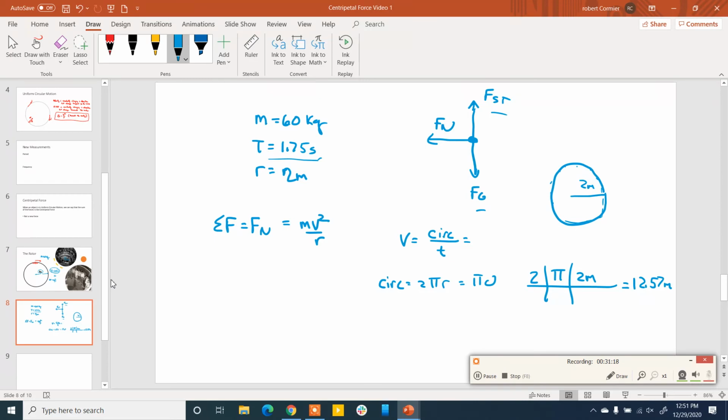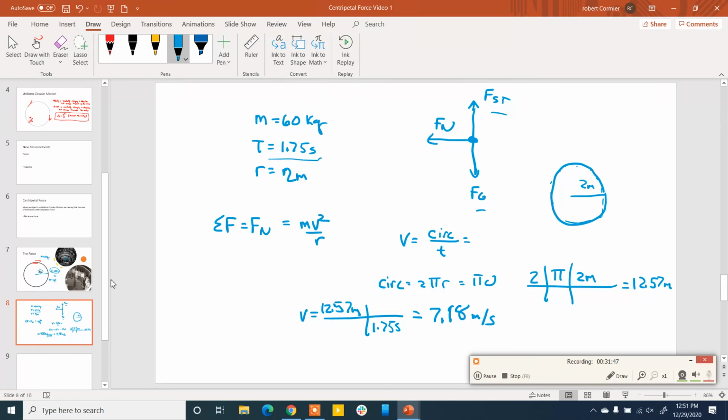And if I want to get the speed, well, the speed is circumference divided by time, so 12.57 meters divided by 1.75 seconds is 7.18 meters per second. They're covering 7.18 meters every single second.